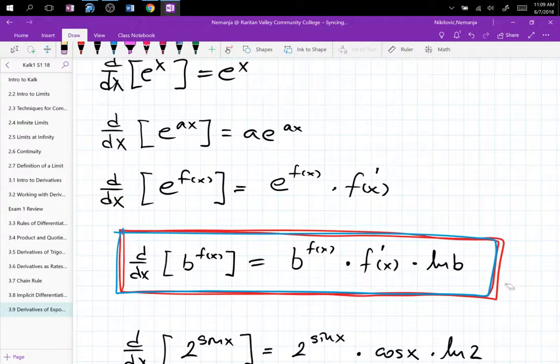Because most of the applications we have are e to the x based. Very few have stuff with waves. If you deal with decibels, like sound intensity, earthquakes, pH values in chemistry, they would have base 10 applications. But the vast majority of other things that we deal with will all be base e in sciences.